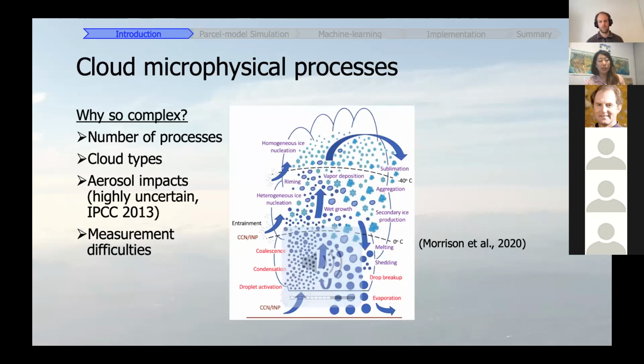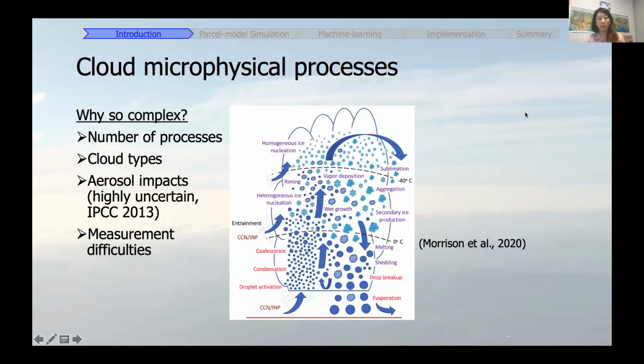Each of these processes needs to be parameterized differently and separately. And even though there are a number of processes, some processes may not even play an important role in certain types of clouds. So that is also another factor that makes the modeling of cloud microphysical processes difficult.